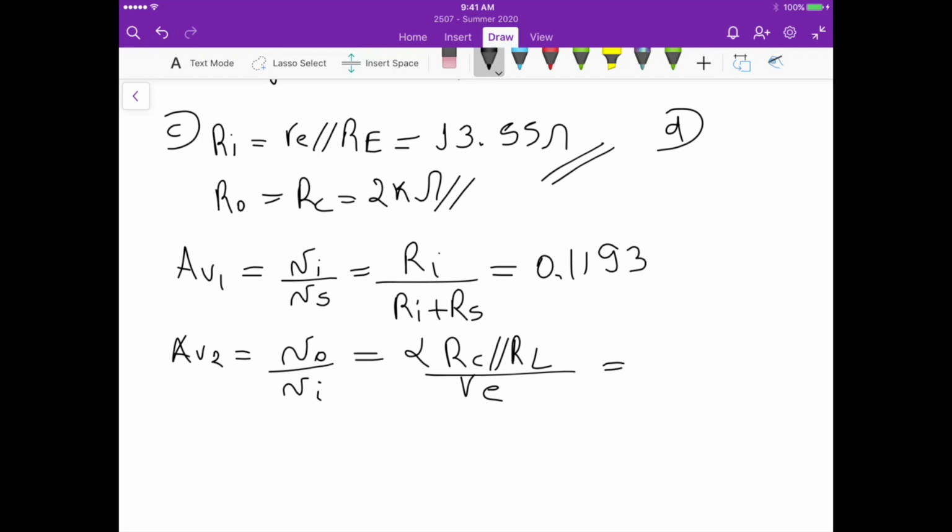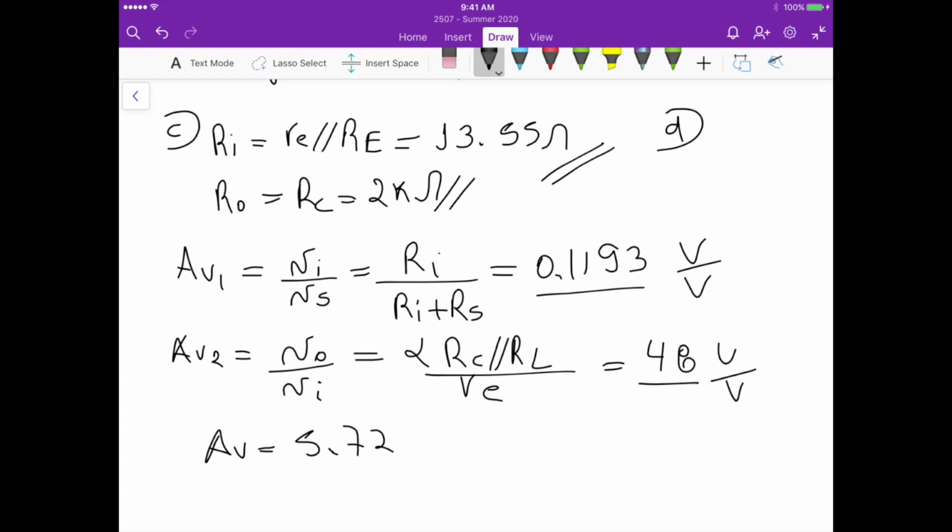And this one here is around 48 volts per volt. Okay, so the overall voltage gain, Av, is equal to 5.72. It's just 48 times 0.1193. Okay, so this is the solution for this problem.